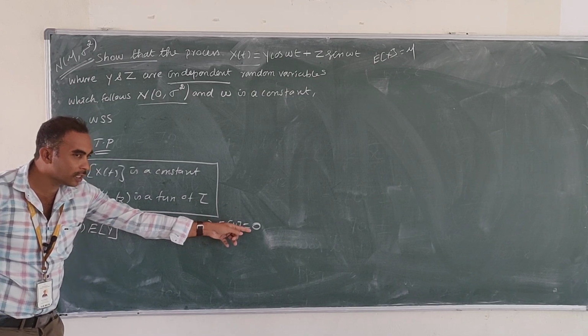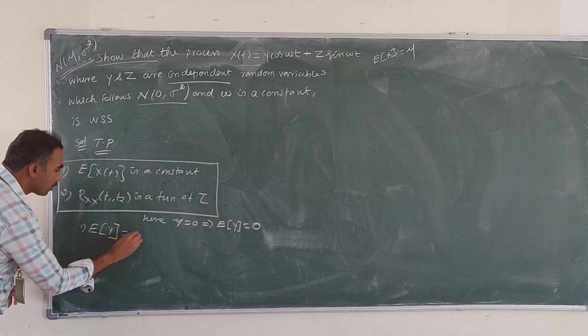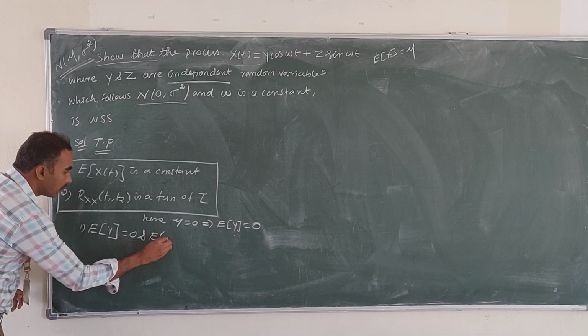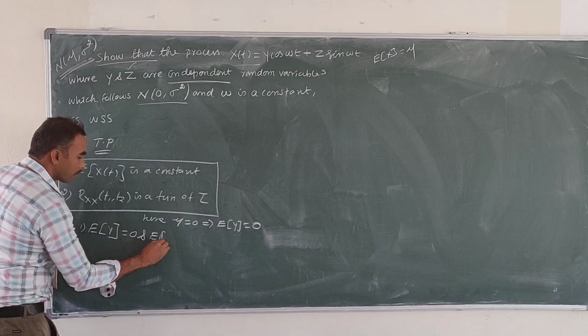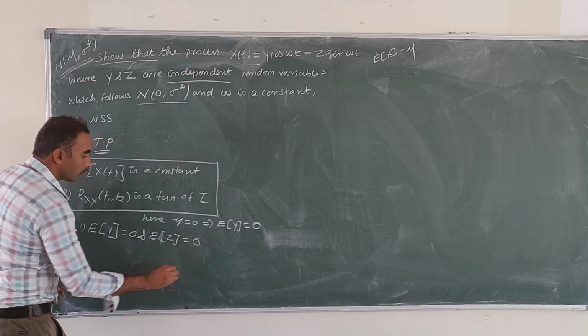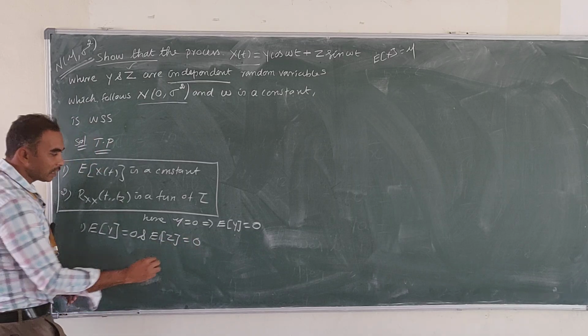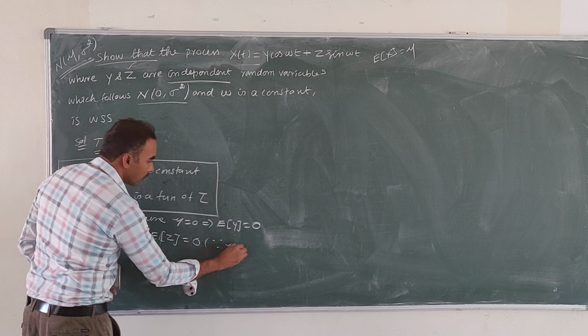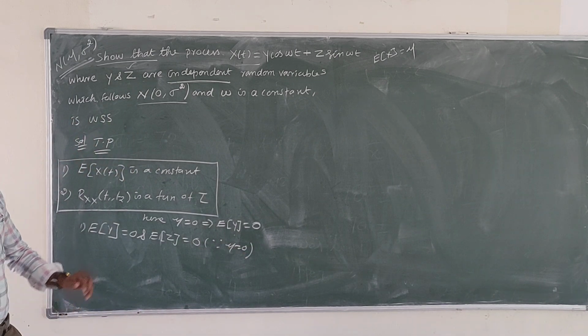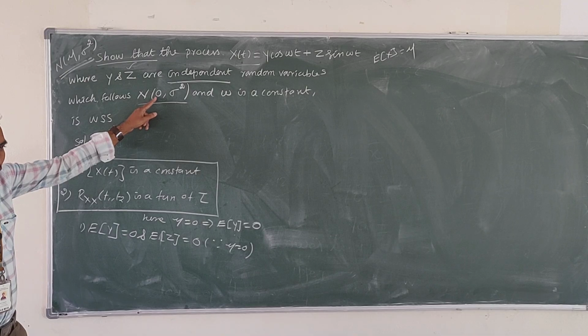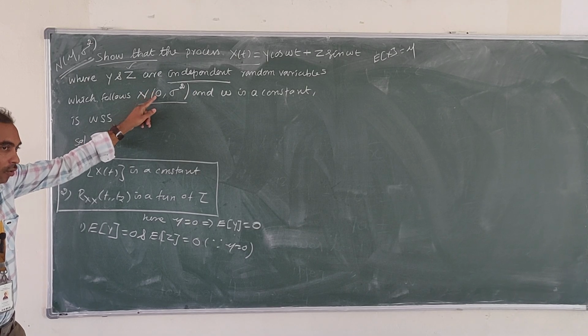So E[Y] equals 0, and E[Z] equals 0, since μ equals 0.